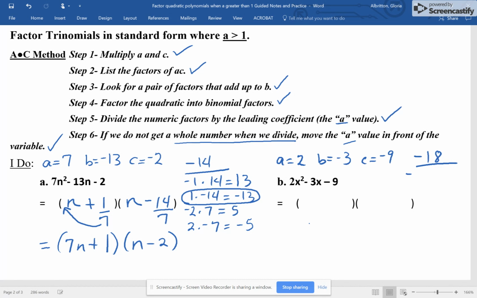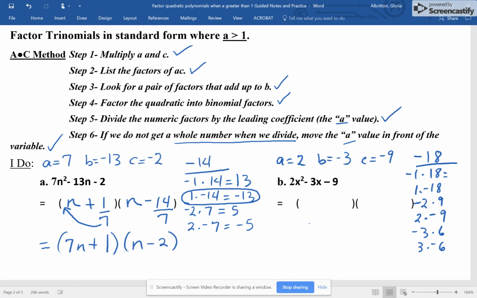So here we have negative 1 times 18, 1 times negative 18, negative 2 times 9, 2 times negative 9, negative 3 times 6, and 3 times negative 6. Next step, we need a set of factors that add up to the b value, which is negative 3.